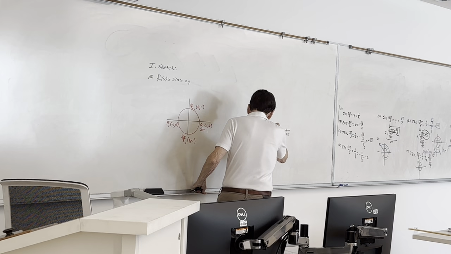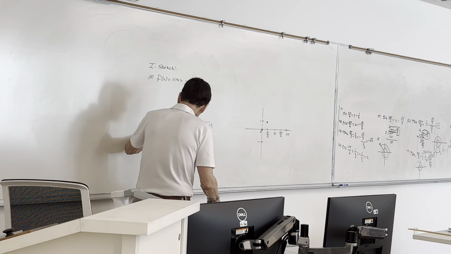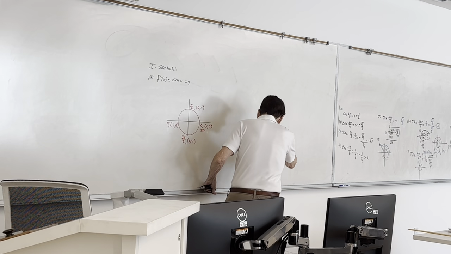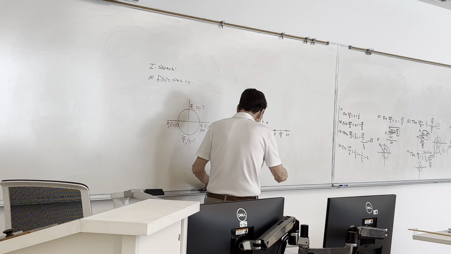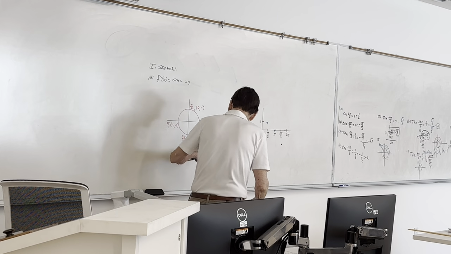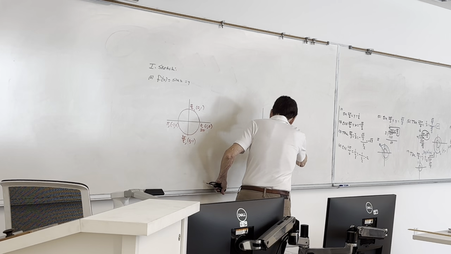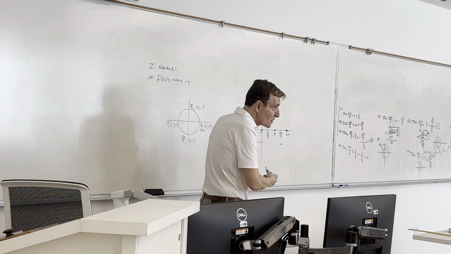So at pi over 2, I'm up here, from that unit circle. At pi, the y coordinate is 0; I'm back on the x-axis. At 3 pi over 2, I'm down here, it's -1 for the y coordinate. And at 2 pi, one complete revolution, I'm back to 0. Those are my y coordinates plotted directly from the unit circle.